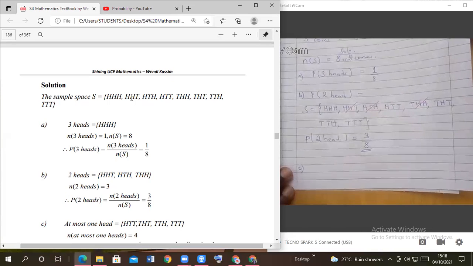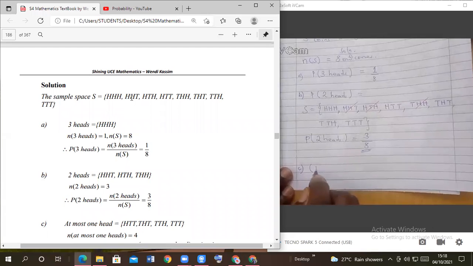What is the probability of getting a tail? One tail. Who can give us that? What is the probability of getting a tail? 3 out of 8? A tail, out of 8, only one tail. What is the probability of getting one tail? 2 out of 8?